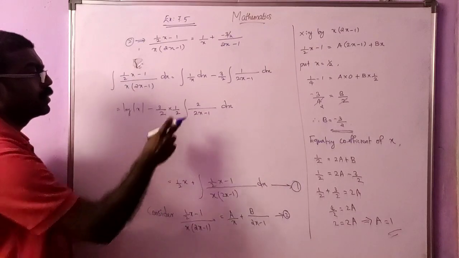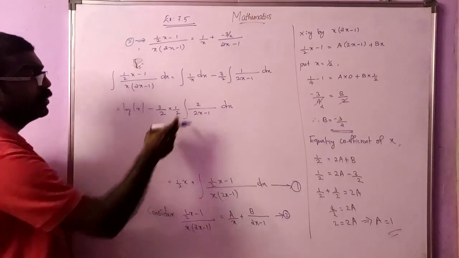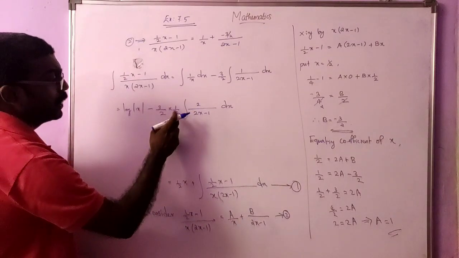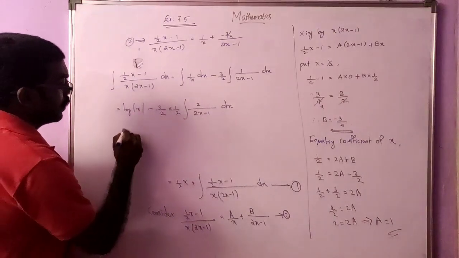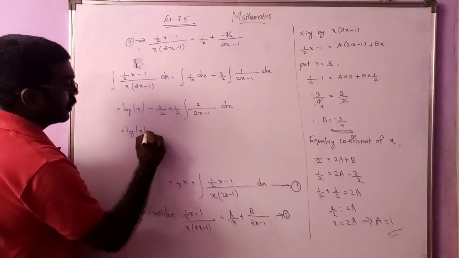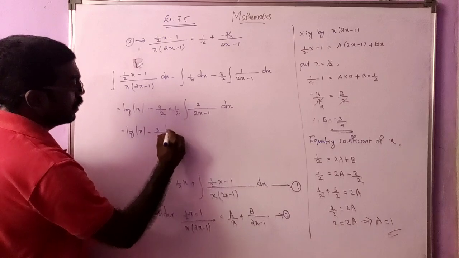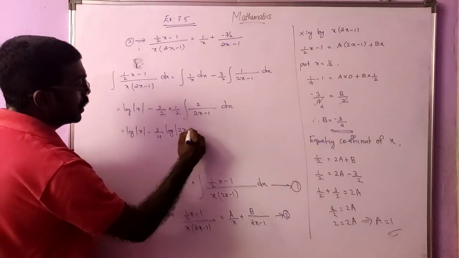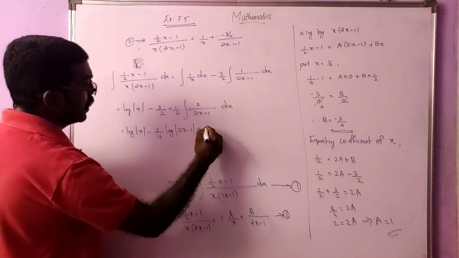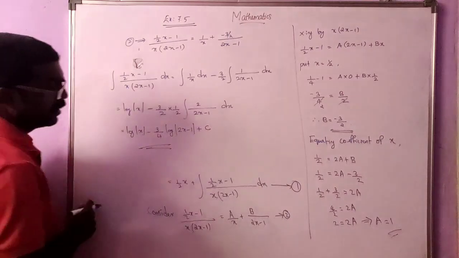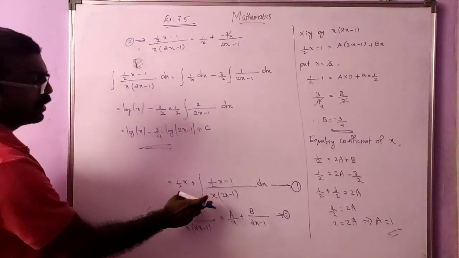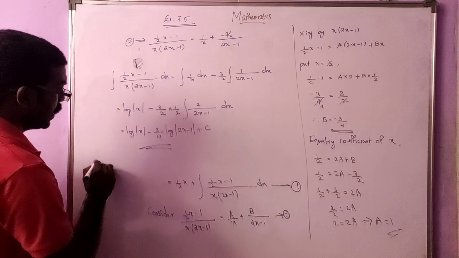Okay. So in order to make it as applicable form, we do this. We divide 2 and multiply 2. So log mod x, then minus 3 by 4 log mod 2x minus 1 plus integrating constant c. So this value we can replace in equation number 1, we will get the final answer.